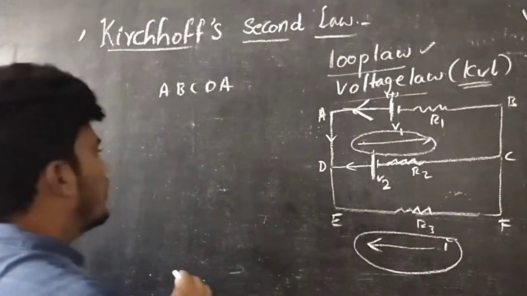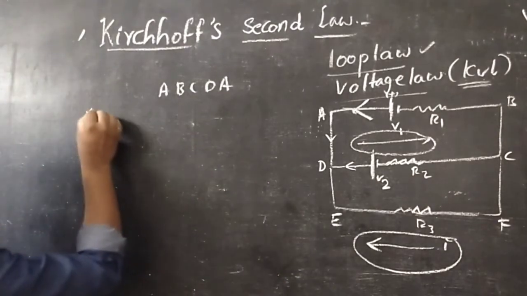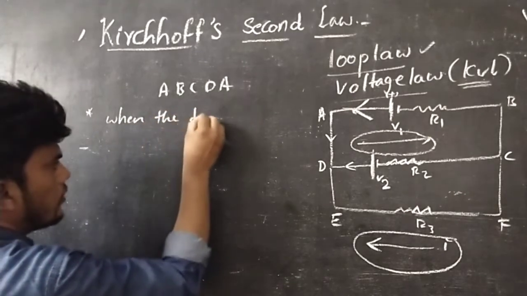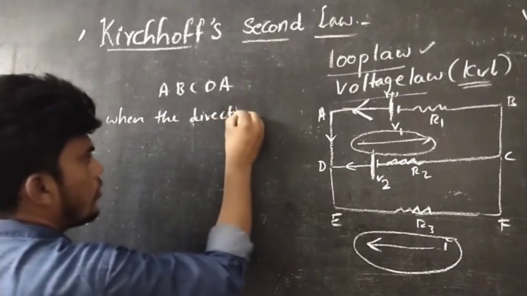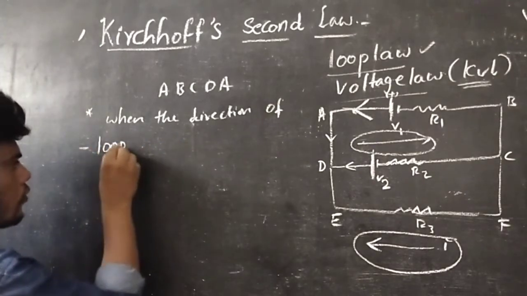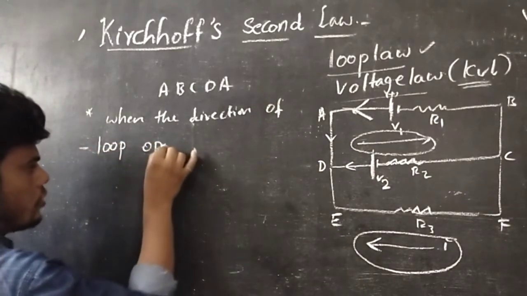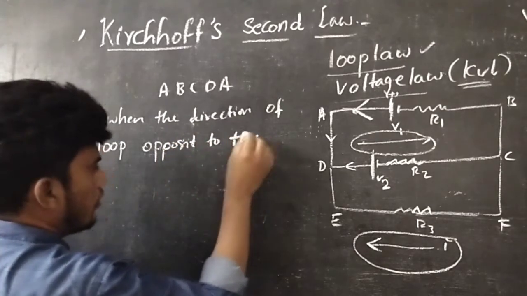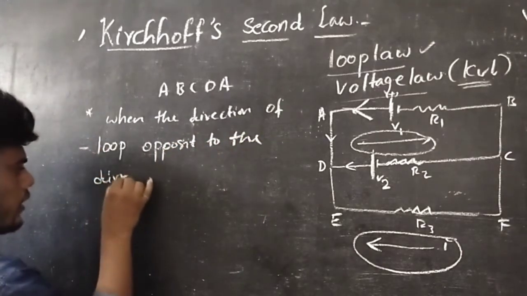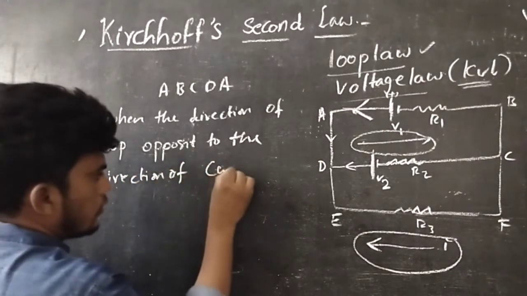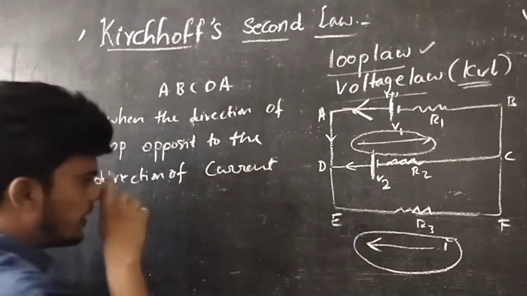From this, look here. When the direction of the loop is opposite to the direction of the current, yes or no?